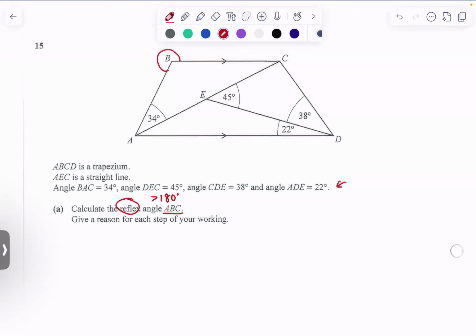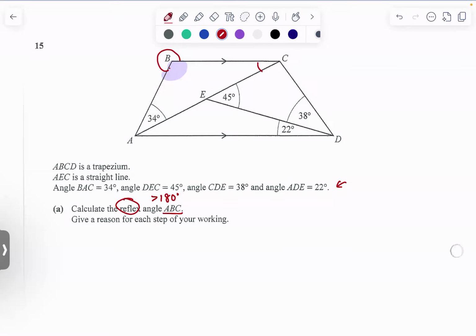that, you actually have to find the normal ABC first, right? Which is this one right here. And if you want to do that, you actually have to find what ACB is, right? Because the sum of angles in a triangle adds up to 180.